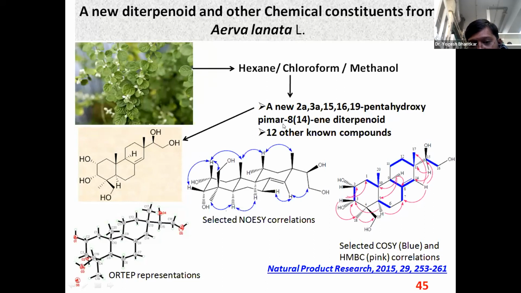This figure we exactly get from NOESY. We have to draw this figure on the basis of the NOESY two-dimensional spectra, and HSQC and HMBC. This type of exercise we have to do for the structurization of a natural product molecule.